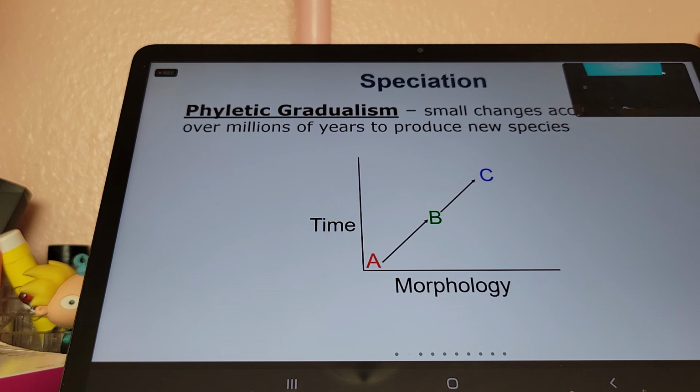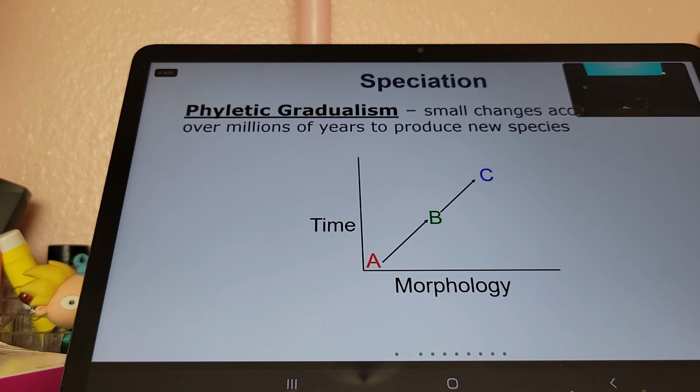All right, so the idea of phyletic gradualism. This is how Darwin conceived of evolution, and how a lot of people conceive of evolution: one species giving rise to another species, giving rise to another species, slowly over time.